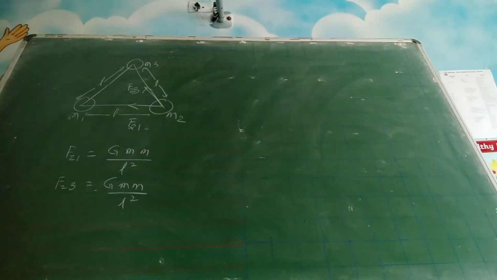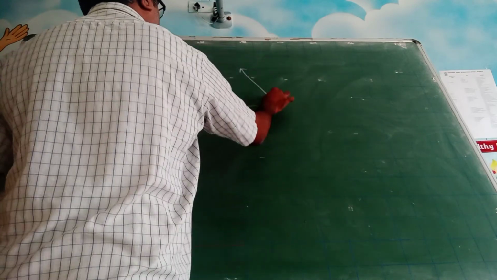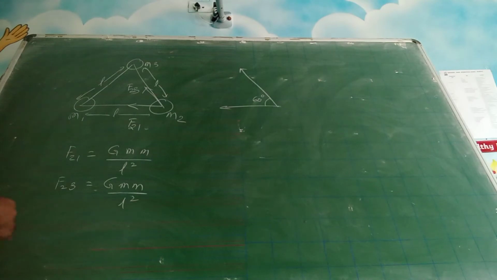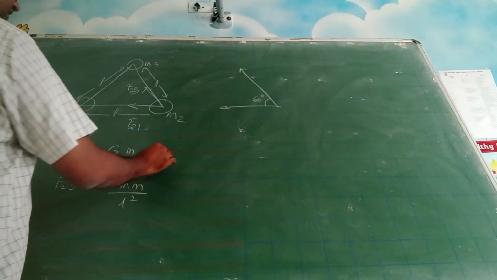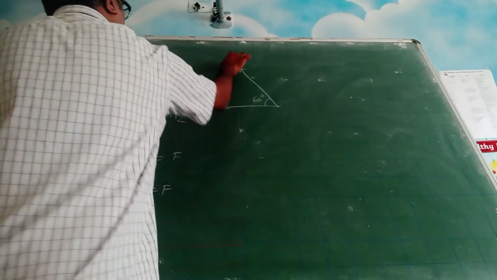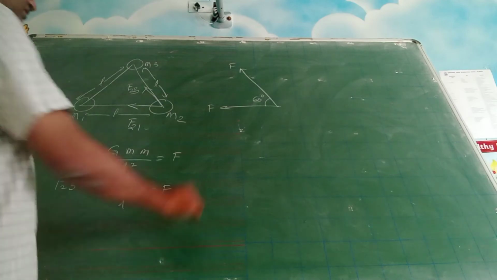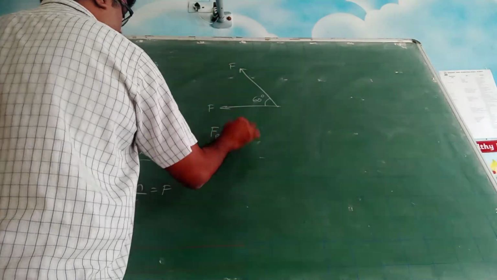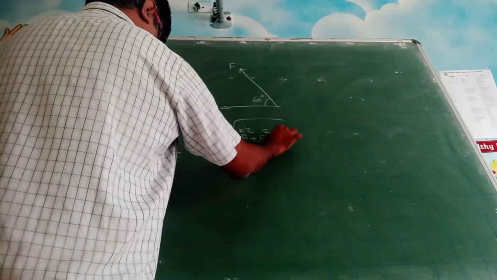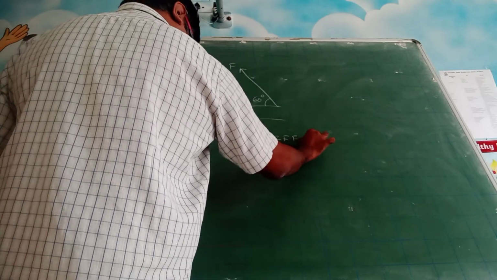Okay, so you have like this. So there is an angle of 60 degrees here, and both forces are the same, so I will call it as F. So you have an F force here, you have an F force here, you have to find the resultant of this force. So the resultant Fr will be equal to, by parallelogram law, root of F square plus F square plus 2 F1 F2 cos 60.